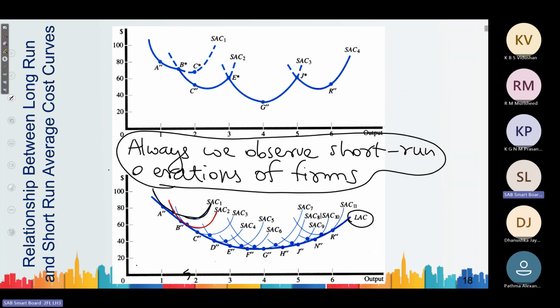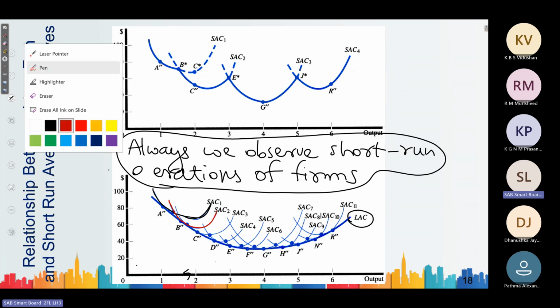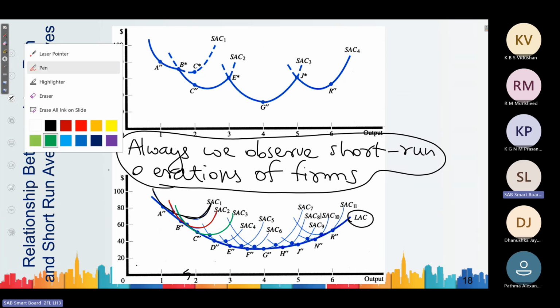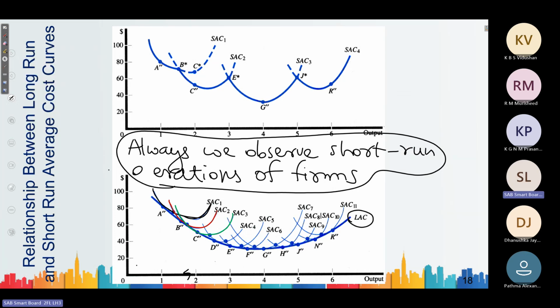Again, the firm wants to expand its output, and it is faced with a new scale, represented by short-run average cost curve 3. Again, the firm expands its output, and it faces short-run average cost curve 4.